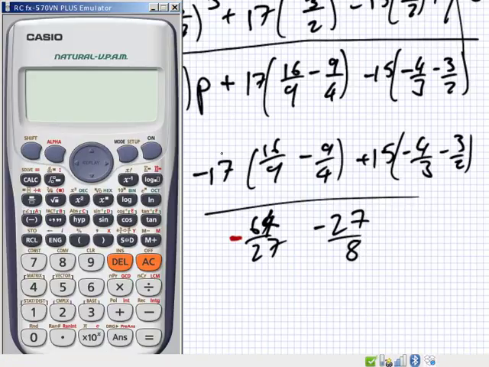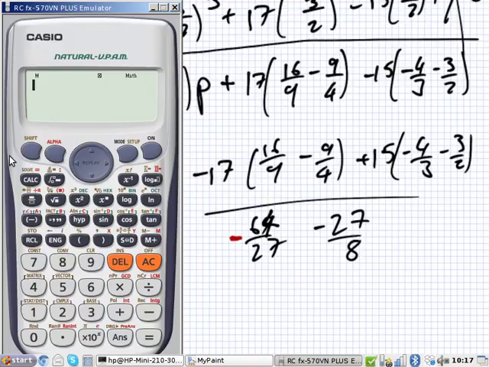For P? Here, look, guys, I'll just type it in here so we can all see, okay? Minus 17, 16 over 9, minus 9 over 4, plus 15, minus 4 over 3, minus 3 over 2, minus 64 over 27, minus 27 over 8, 6.